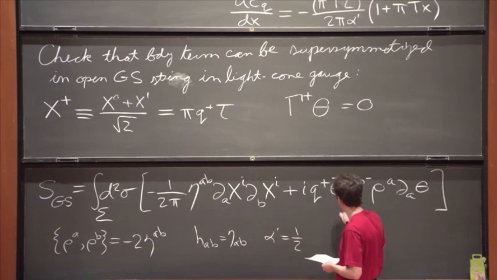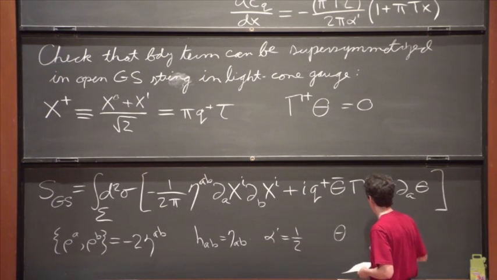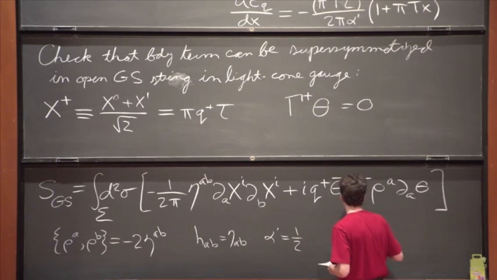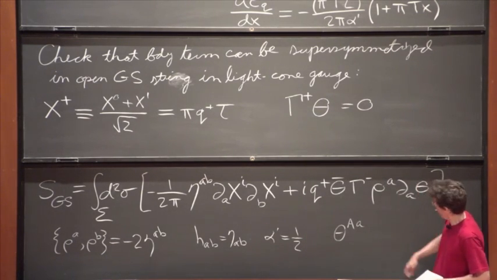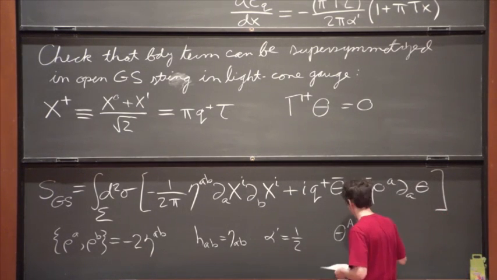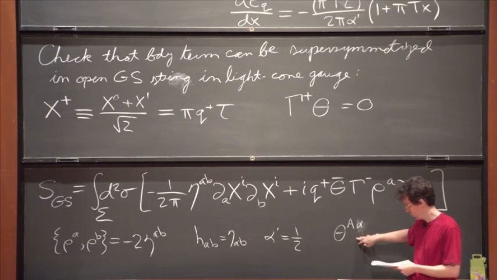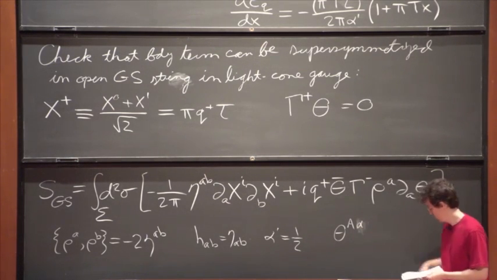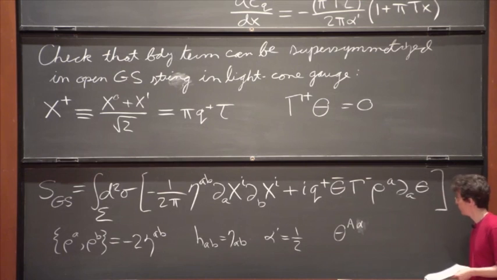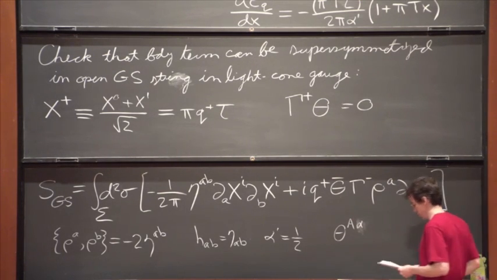And then crucially, the fermions that I'm talking about carry two types of indices. There's an index, why don't I call it little alpha, which is a 10-dimensional spinor index. These are Majorana-Weil spinors in 10 dimensions. And then A is 1 or 2.